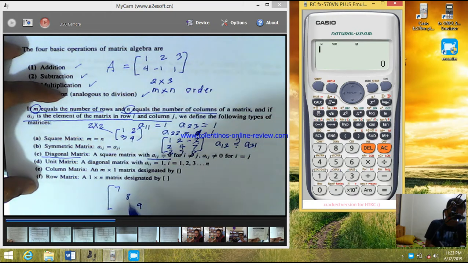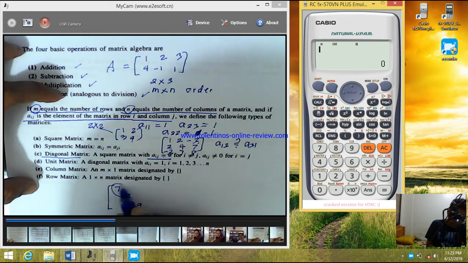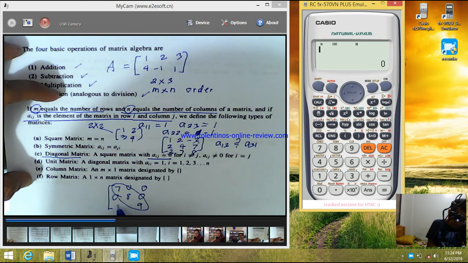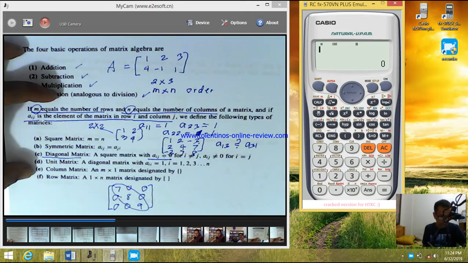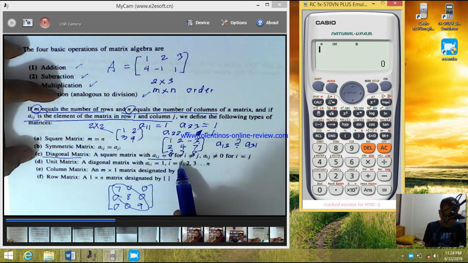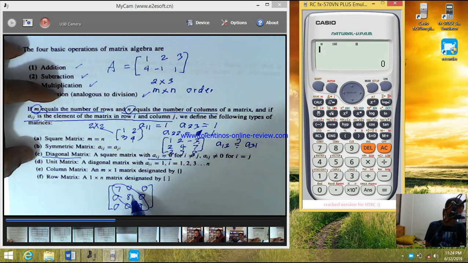Square matrix siya. Ito yung principal diagonal na sinasabi. Yan lang ang merong laman, so 0 siya lahat. 0, 0, 0. So, this is called a diagonal matrix. Ibig sabihin, yung aij is equal to 0 if i is not equal to j.